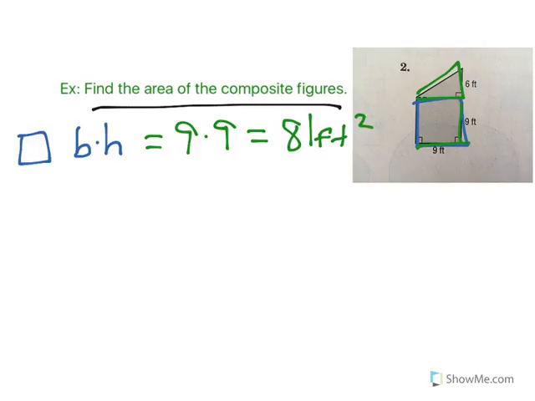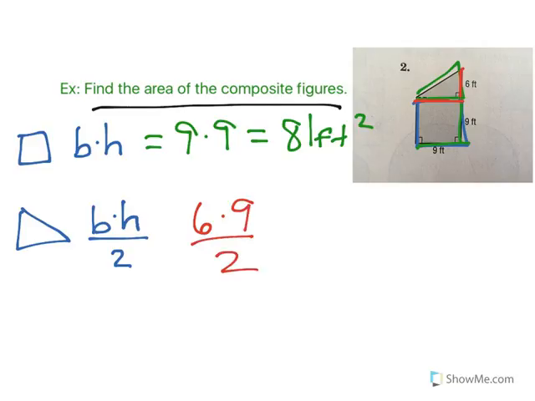My area of my triangle is I'm going to take my base times my height, but then I'm going to chop it in half. My base is right here, which is 6. My height is 9, and then I'm going to cut it in half.